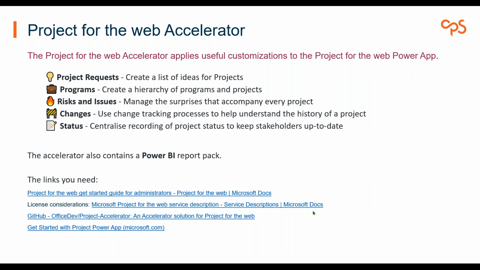And then there's some further information about getting started with the Project Power App, which is the Power App that we were looking at over the last few minutes. So plenty of something that you can take away from today, rather than just having heard me, if you would like to do more with this, then absolutely you could do that. You will obviously need to talk to your IT teams, or you can talk to CPS as well.